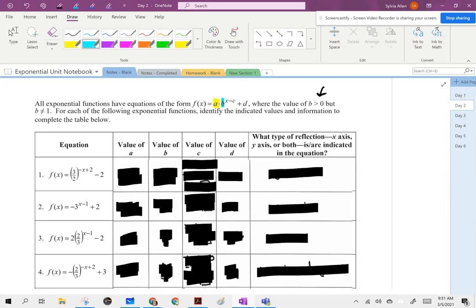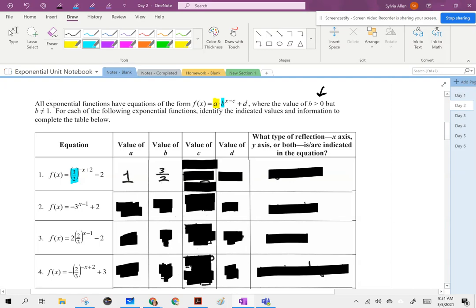All right, so let's take a look at A. Let's see if we can identify the A. Notice that the 3/2 is what is being raised to the power. Whoops, that should be a blue. So this is the B, which means the value of A is 1. The value of B is 3/2.